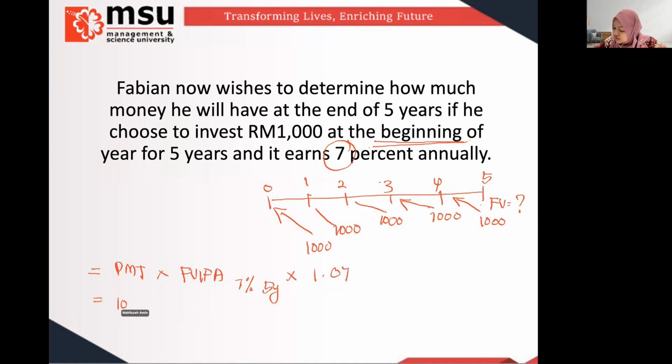So payment is 1,000, multiply with FVIFA, 7% 5 years, 5.7507, multiply with 1.07.